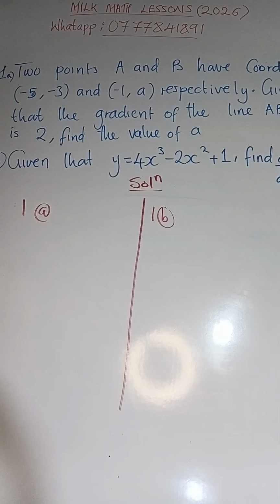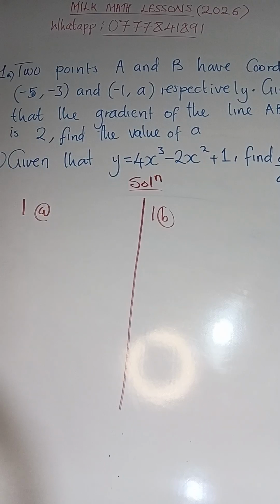According to the question, they're saying two points A and B are coordinates, which are -5, -3 and -1, a respectively. Given that the gradient of the line AB is 2, they're saying find the value of a.